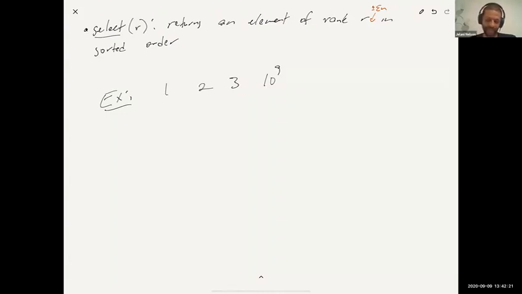But even in the non-approximate version, if someone says select 4, I am allowed to return 4 or 5 or 6, or basically anything that would have rank 4 in the sorted order. It doesn't have to be close to the number a billion. So we're just trying to approximate the rank, not the actual number that has that rank in the stream, if that makes sense.